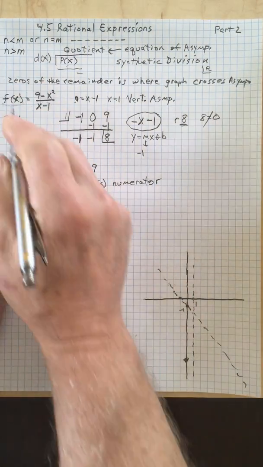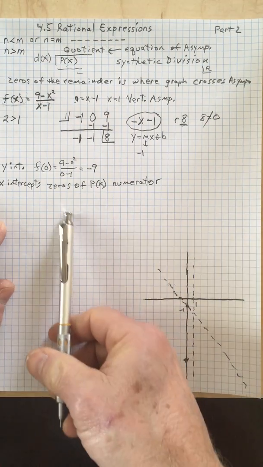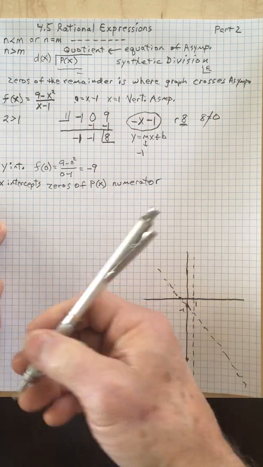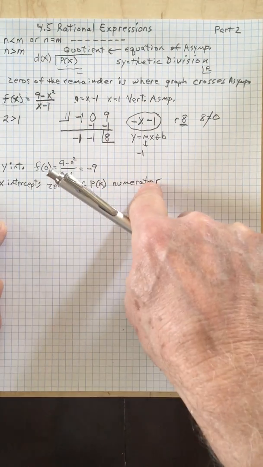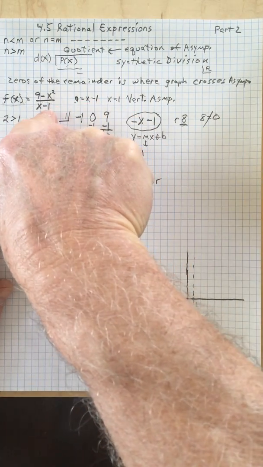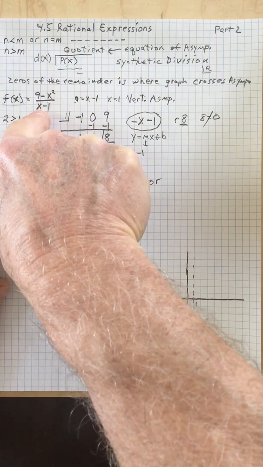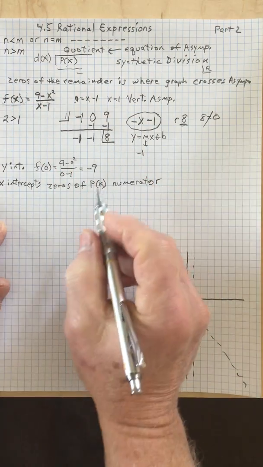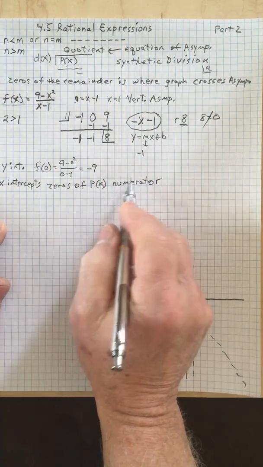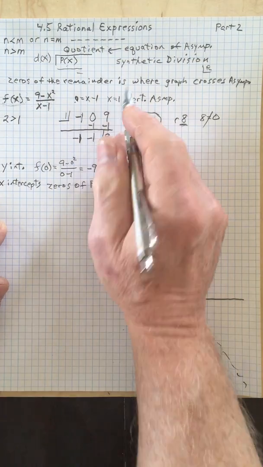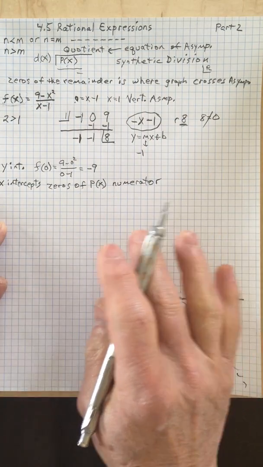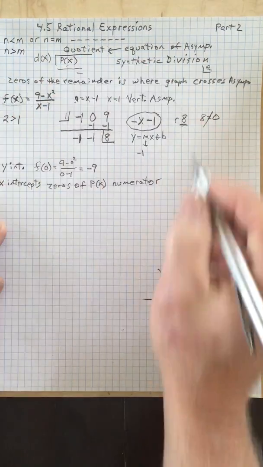So all we've got to do is find those. The other thing is we have to make sure that any of these zeros are not also included down here, because these are out of the domain. So in other words, if one of these zeros equaled 1, we'd have to throw it out. But it's not going to be the case here.